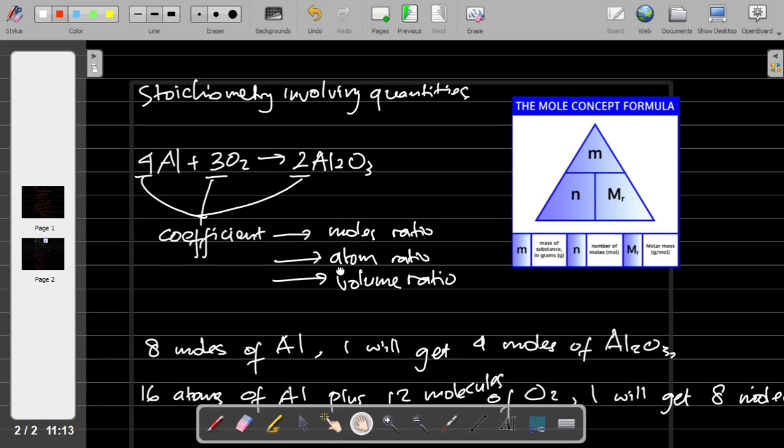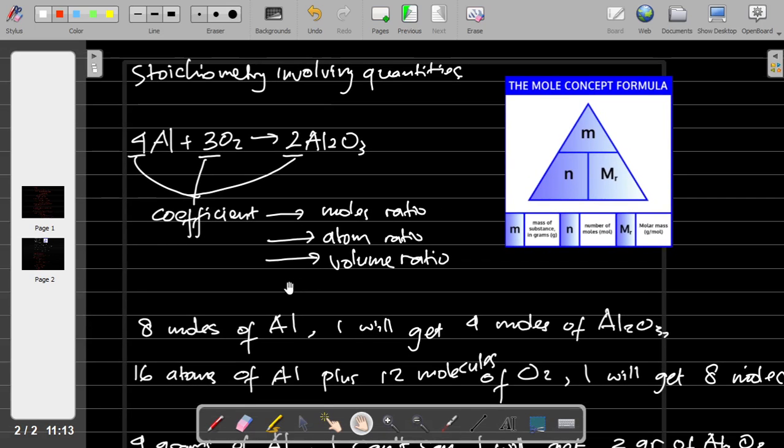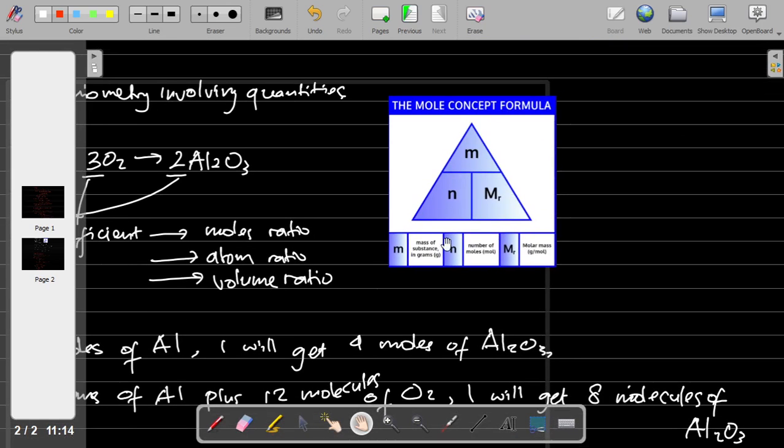The easiest way to convert quantities into this ratio is to convert the quantity into the moles ratio using this formula.